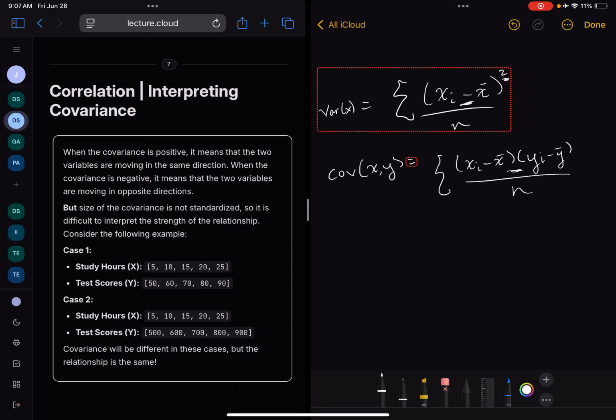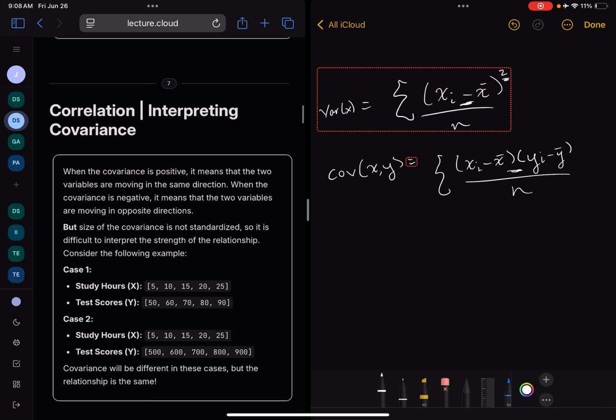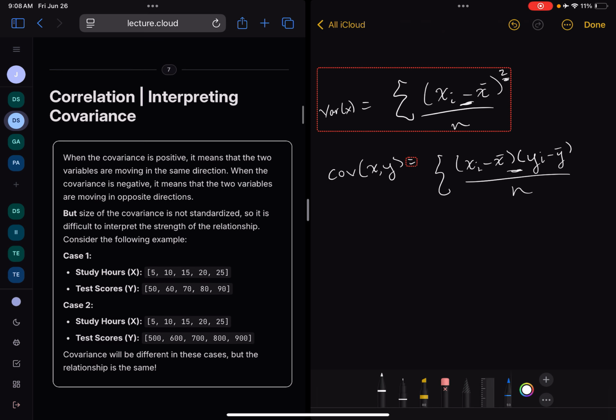Now, covariance has some really nice properties in that it will tell us how x and y are moving together. But one big limitation of covariance is that it does not give us any relative importance. By that I mean these relationships in this example on the left.